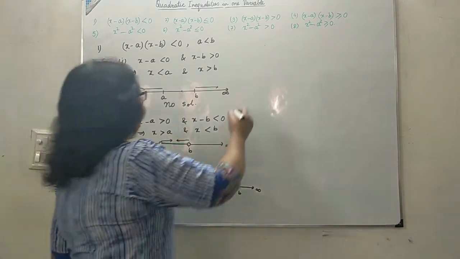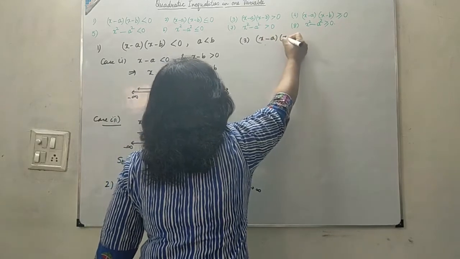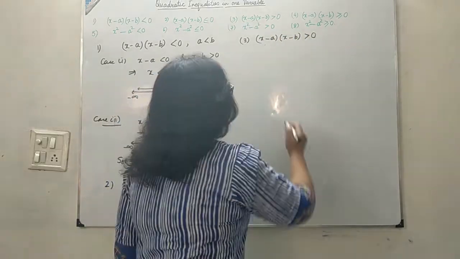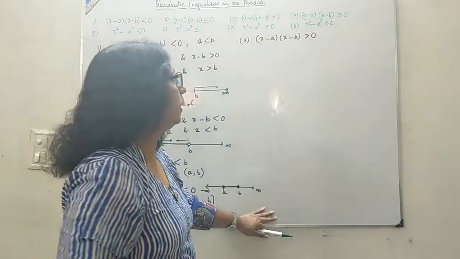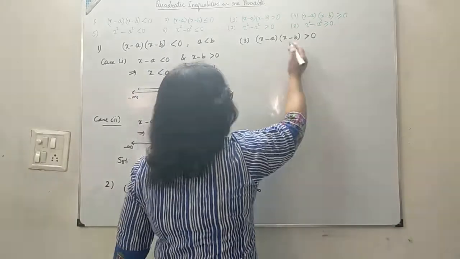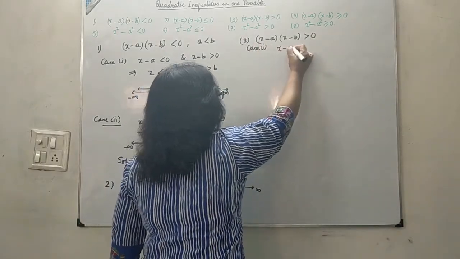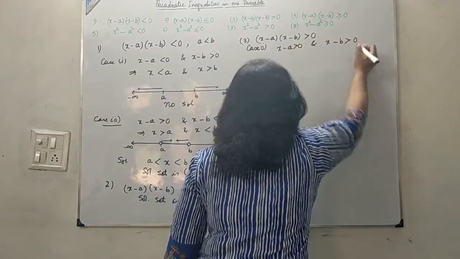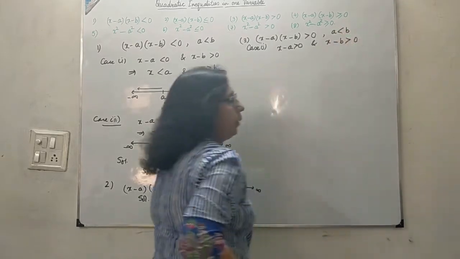Now coming to the third one, we have (x minus a) into (x minus b) greater than 0. In this case, because the product is positive, either both the linear factors are positive or both are negative. Again, I will take case 1. If x minus a is greater than 0 and x minus b is greater than 0, again we have assumed that a is less than b.